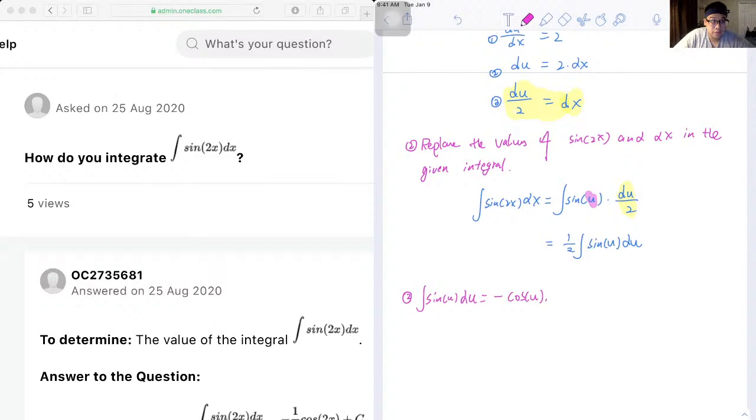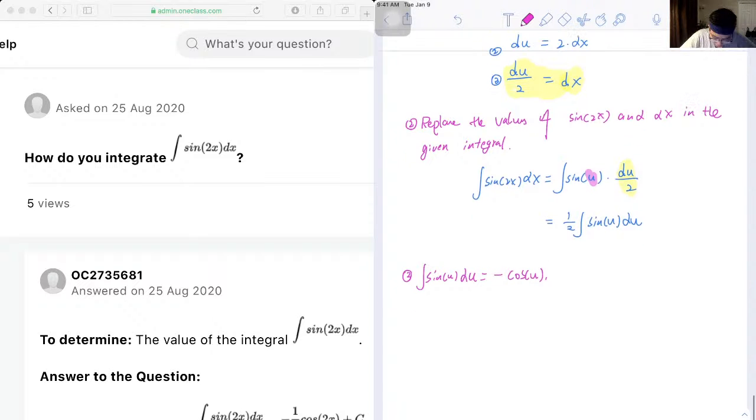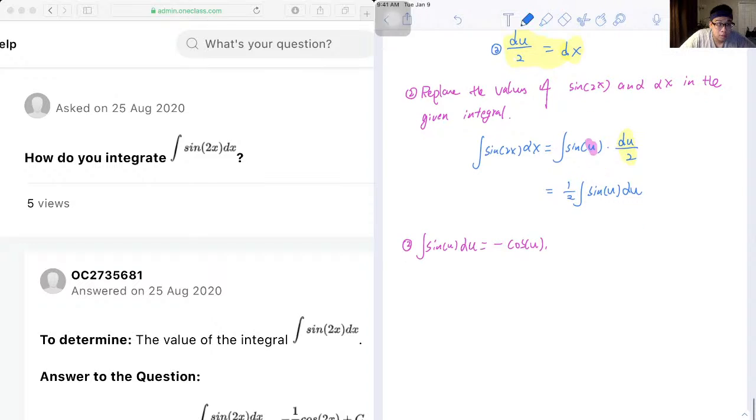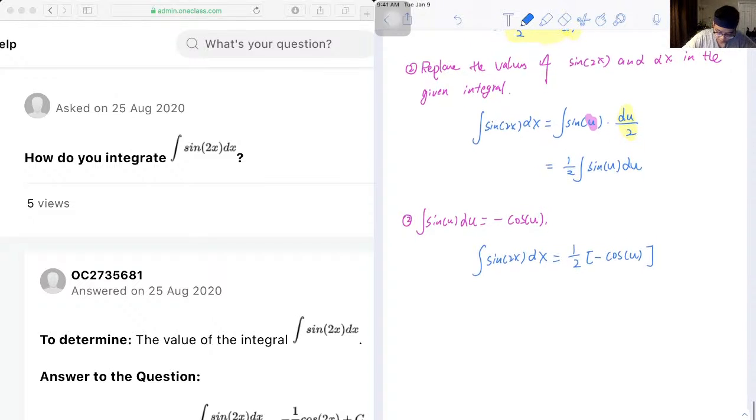So we can use this to simplify the equation, which will give us integral sine 2x dx is equal to 1 over 2 negative cosine u. Okay, and now we need to sub u is equal to 2x back into the equation.